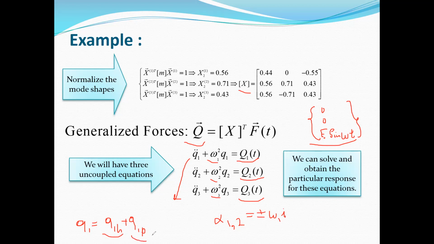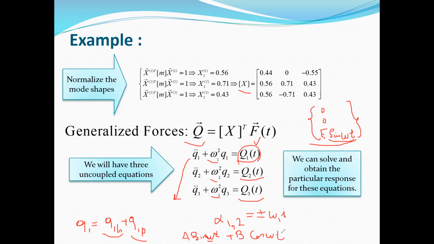And for the particular response, according to the form of Q1, which definitely will be a combination of harmonics with frequency omega t, you can consider, for example, q1p is equal to a times sine omega t, where omega is the frequency of the excitation, plus b times cosine omega t.